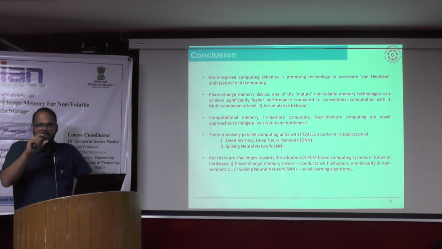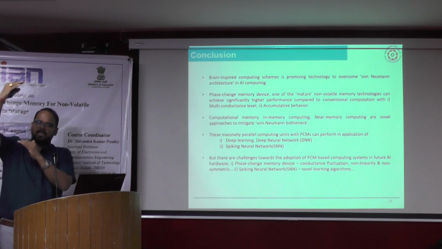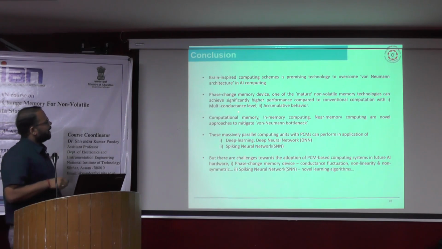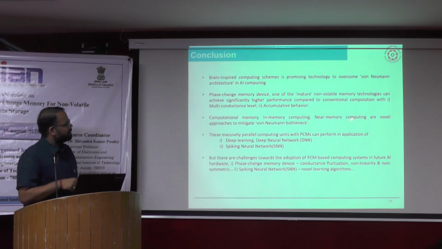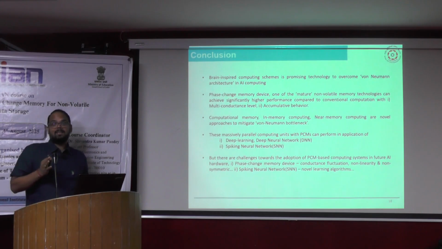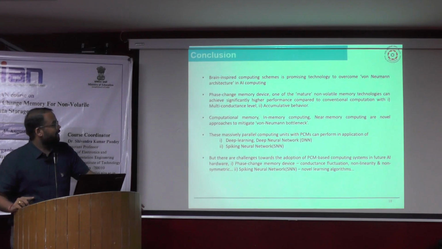Accumulative behavior is where you systematically give pulses and the conductance accumulates. So that material is showing that property. And computational memory, in-memory computing, and near-memory computing are novel approaches to mitigate this von Neumann bottleneck. As I told you earlier, we can remove the von Neumann bottleneck.